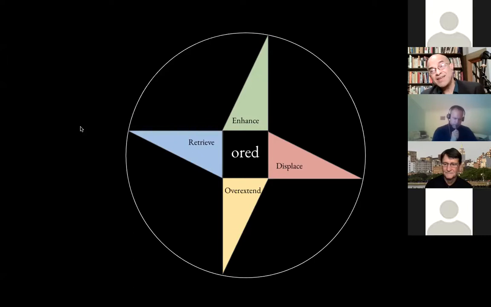But what happens is that when you retrieve something, when you say, I got it, that is in the consciousness that you are thinking about it. Or when you are explicitly making something based on your idea, you're working on it consciously. So that's why these two, the blue and green, are largely conscious.